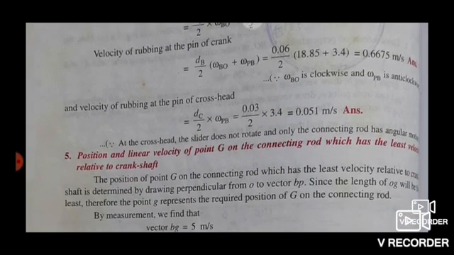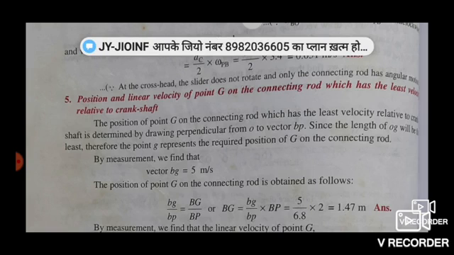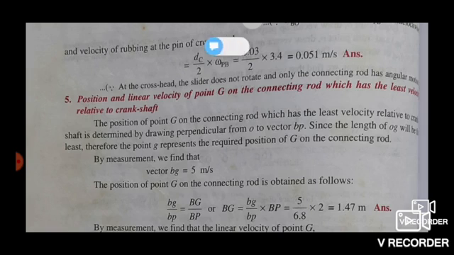And velocity of rubbing at pin of crosshead equal to D_C by 2 into omega_PB, 0.03 by 2 into 3.4, 0.051 meter per second, because at the crosshead the slider does not rotate and only the connecting rod has angular motion.